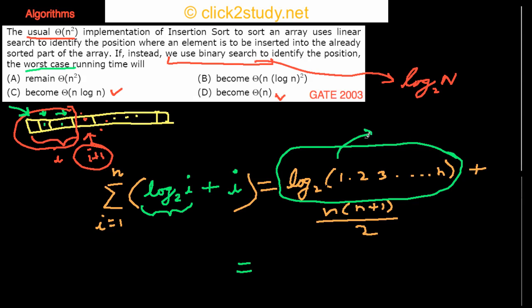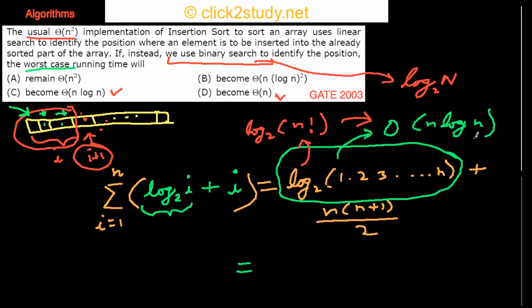And what about this first part? This is in O of n log n. This is the standard result, because this is log of n factorial, basically, and this is definitely in O of n log n. And the other part is in O of n square.